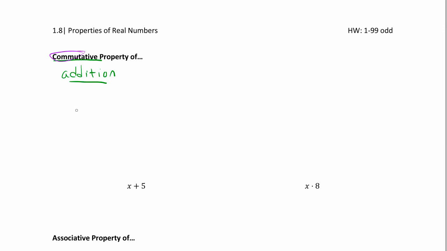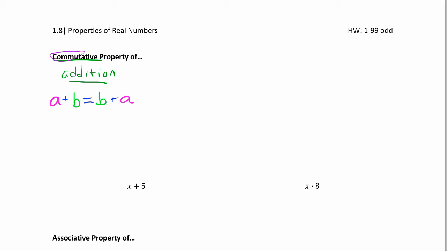The commutative property of addition says that if I have some number a, and I add something to that, a plus b, then a plus b is exactly the same as b plus a. So basically this property tells me that if addition is the operation I'm using, I can do it in any order.